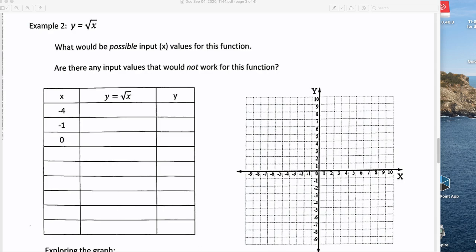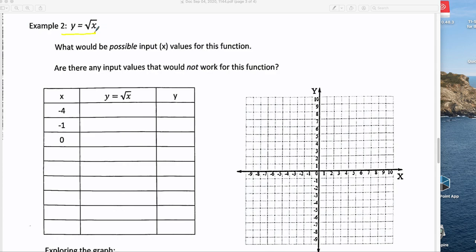All right, we're going to do y is equal to the square root of x. It's a new function for us to graph. Let's think about square roots. What would be possible input values for this function? Anybody ever take the square root of -4? I don't think you ever have, because it's just not mathematically possible. Not right now. We'll get there in Algebra 2, but not now.